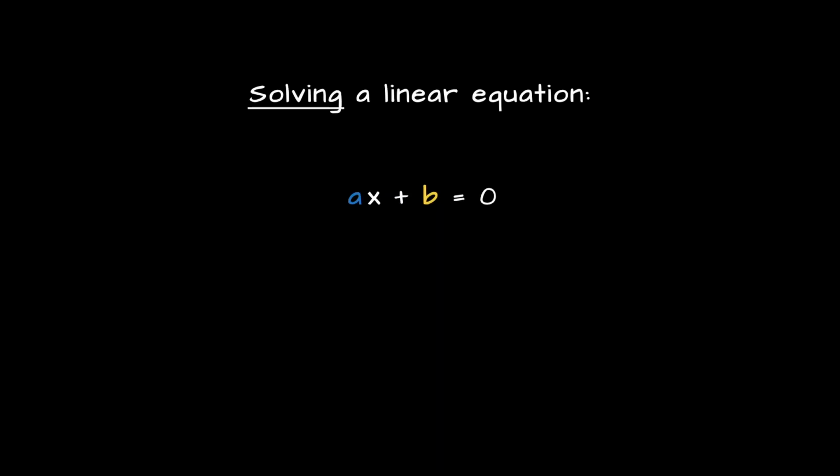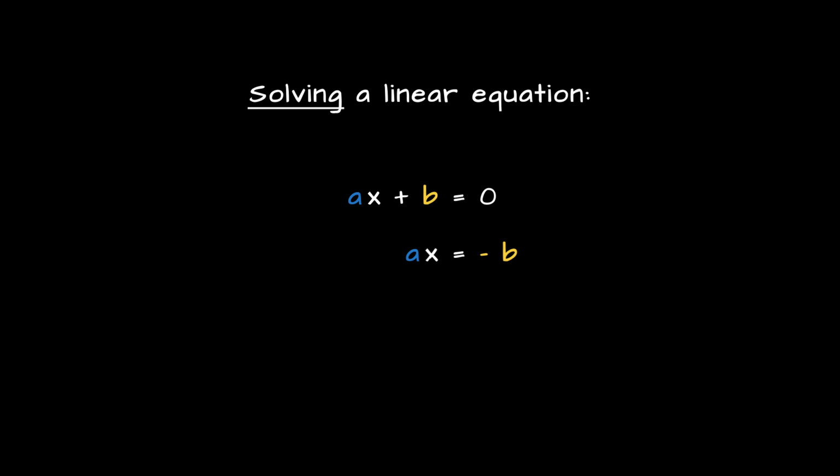Let's quickly think about how to solve a linear equation in general. What we want to do to solve an equation is find all values of x that make the equation true. Remember that a and b are fixed constants here, and x is the so-called variable. And we'd like to determine once again which value of x will make the equation true. Well, if the equation is in standard form, ax plus b equals 0, then we can of course proceed in just a couple steps by subtracting b from both sides of the equation, and then by dividing both sides of the equation by a.